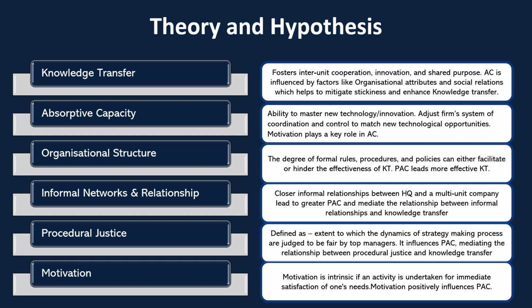Potential absorptive capacity in this case leads to more effective knowledge transfer. Informal networks and relationships: closer informal relationships between headquarters and the multi-unit company lead to greater potential absorptive capacity and mediate the relationship between informal relationships and knowledge transfer.